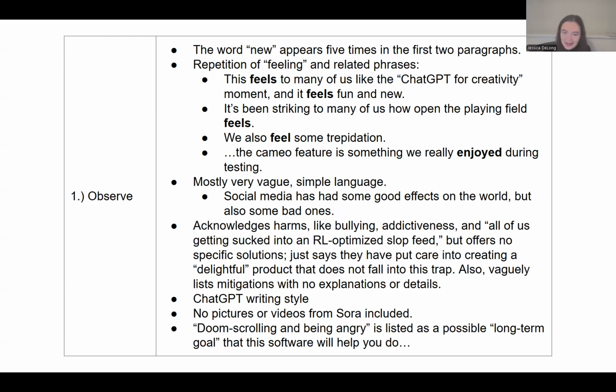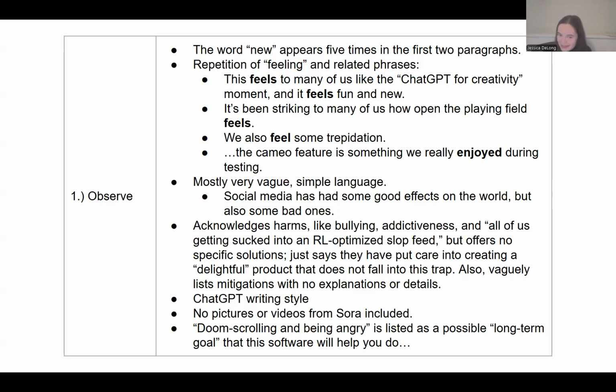That sentence very much reminded me of some student essays I've read, especially when I was working with 9th graders, right? There's some good things about social media, but also some bad things. Feels like a simple, vague student essay topic sentence, perhaps. So that was a connection I made.